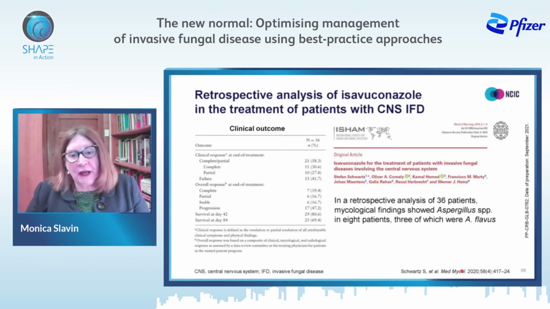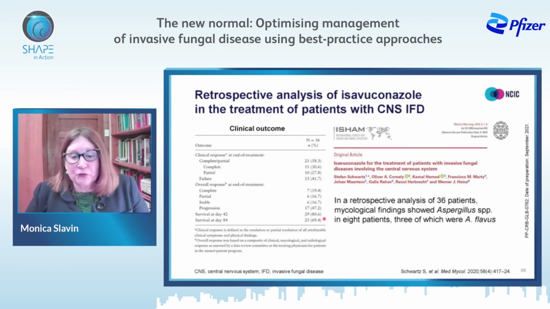So what do we know about it in treating CNS lesions? There has been an open-label analysis of isavuconazole in patients with CNS invasive fungal disease, and this was a small series of 36 patients, but there were a number of Aspergillus brain lesions, 8 included in this series, 3 of which were Aspergillus flavus.